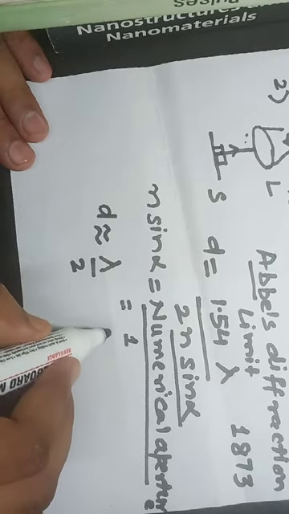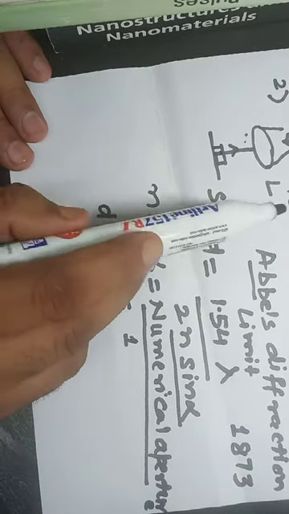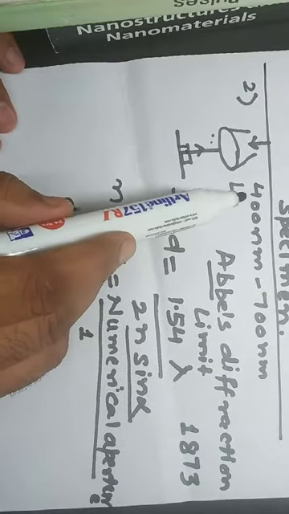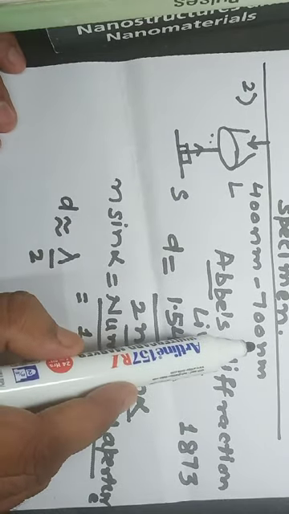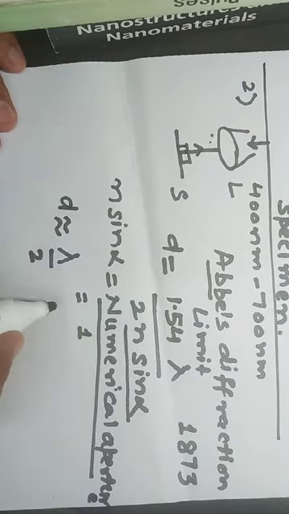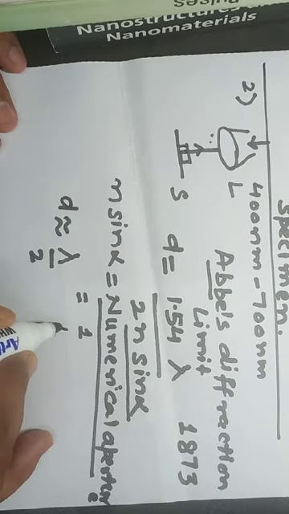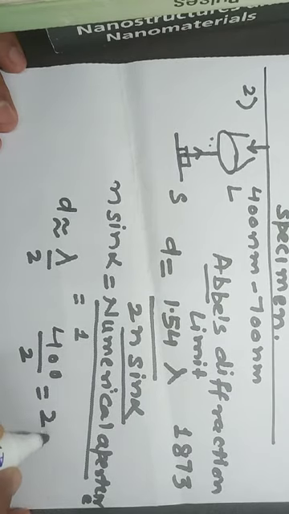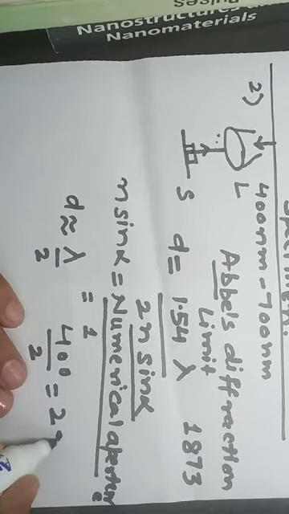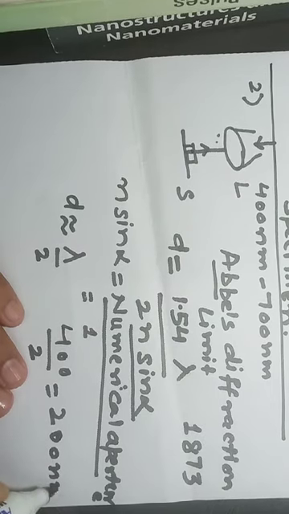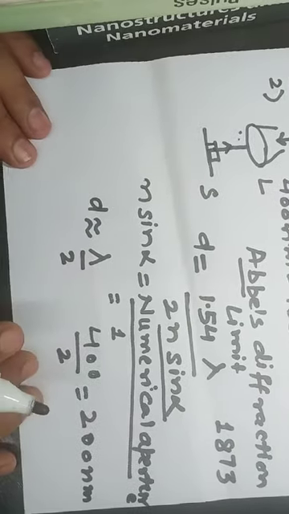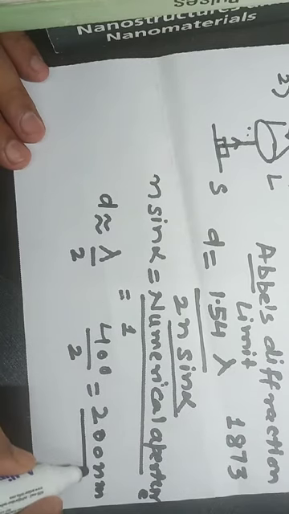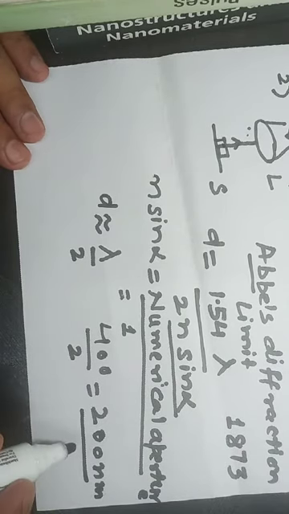For example, if we take the wavelength as 400 to 700 nanometer, and let's say we take 400, the blue region, then the optical resolution will be about 200 nanometer. This means that this is the limitation of the optical microscope.